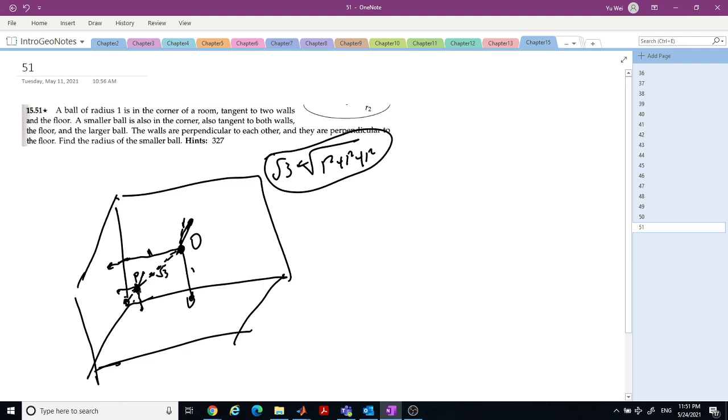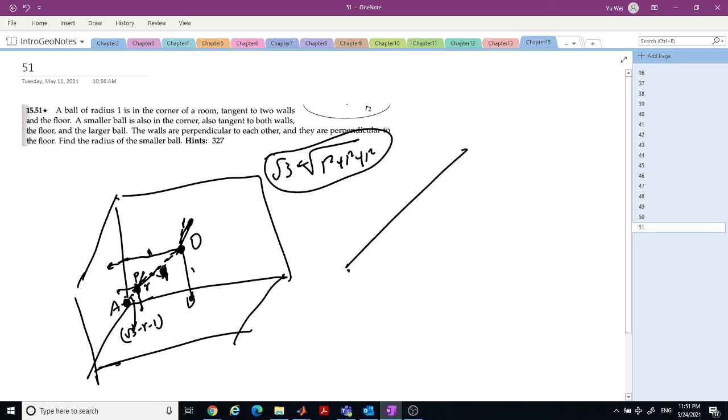So the question is asking for the radius of the small ball. The big ball has radius 1, and the small ball has radius R. The rest is root 3 minus R, then minus 1, up to point A.